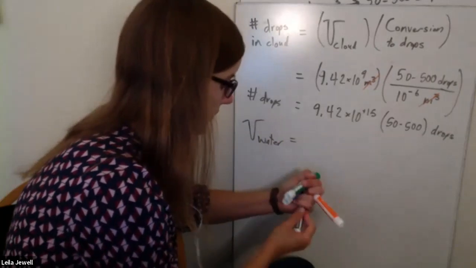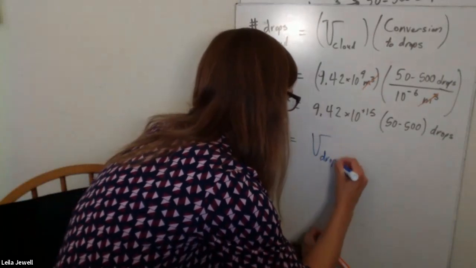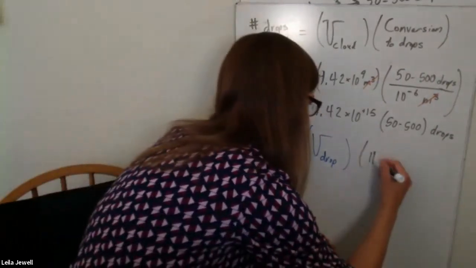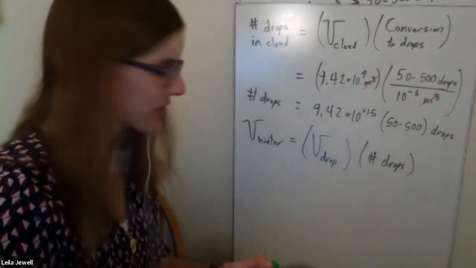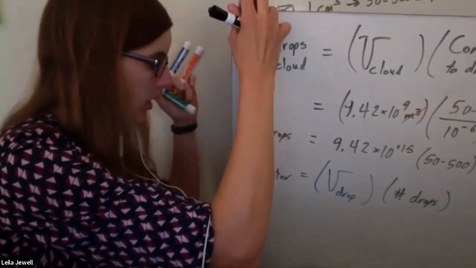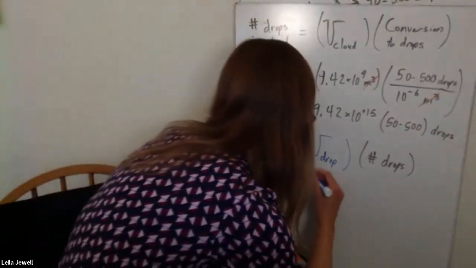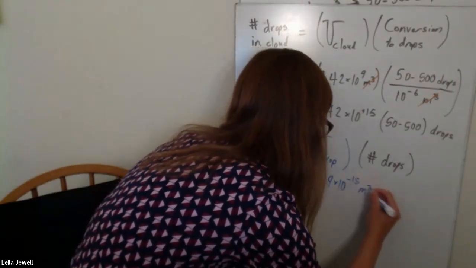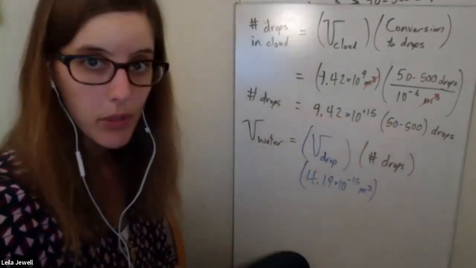And if we want the total volume of water then it's going to be, go back to the original color, the volume of 1 drop times this number of drops. And at last, we are almost there. So let's pick the volume of 1 drop. It's 4.19 times 10 to the minus 15 cubic meters times this number of drops, which I'm just going to take all of what's there, remembering the 50 to 500.